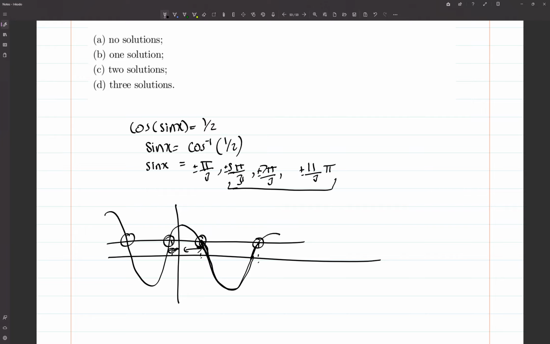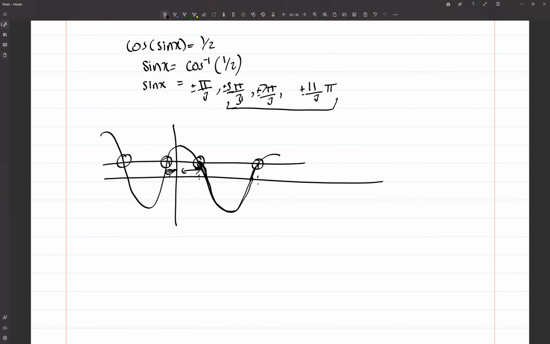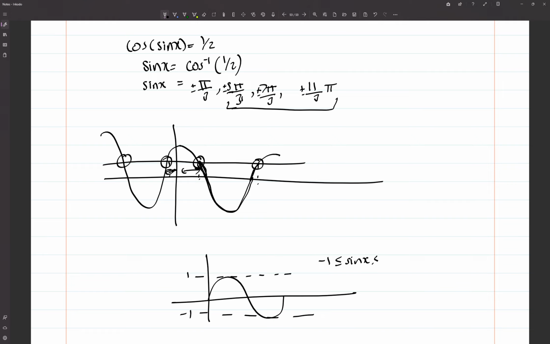So that is fine. Then you go, okay, sine x equals that. What is the range of sine x? Sine x has a range to it, so does cos x. Sine x is between 1 and minus 1, so we can say minus 1 ≤ sine x ≤ 1.